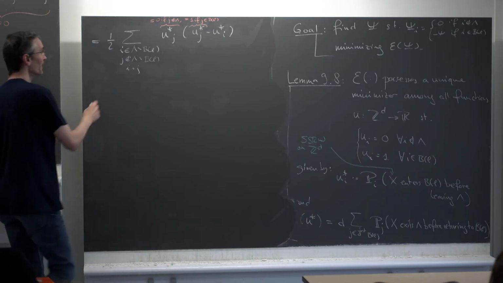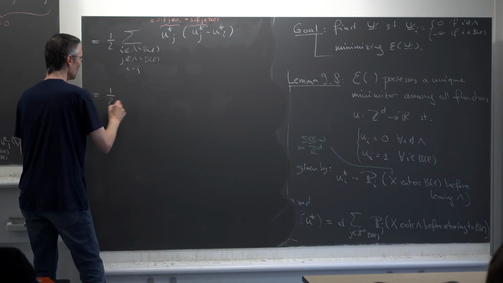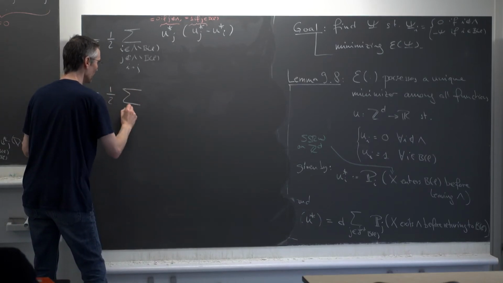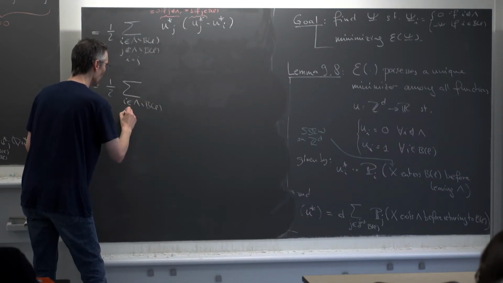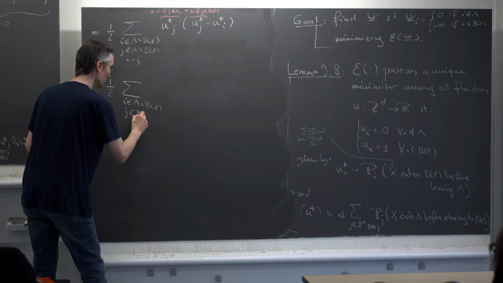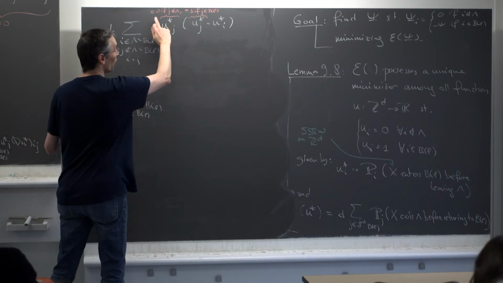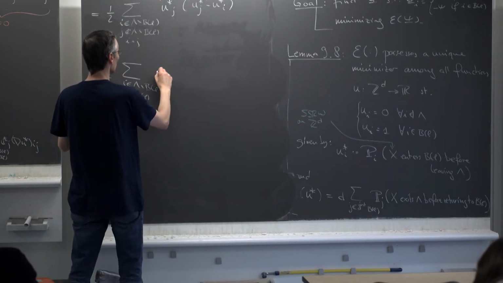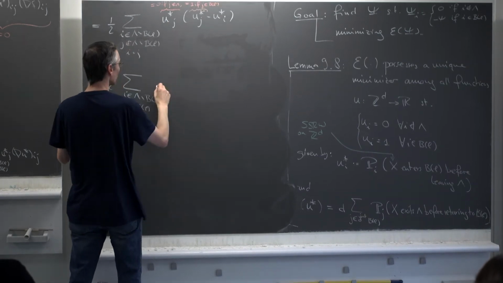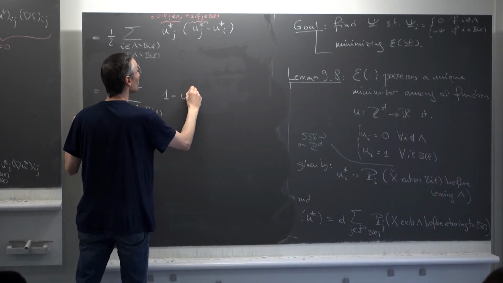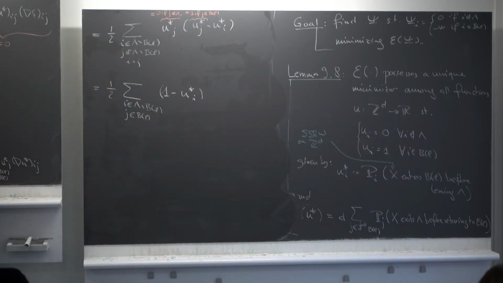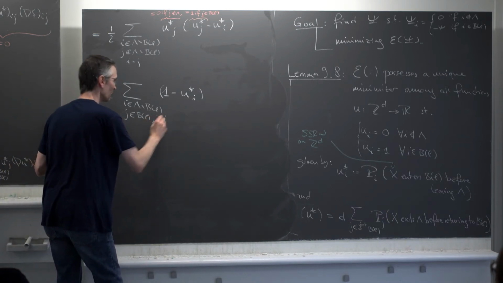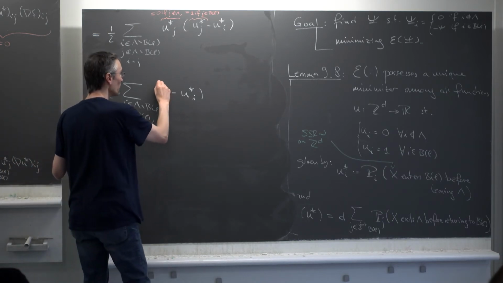So what you get from that is 1/2 sum over all i in Lambda minus B_L, sum over all j, which have to be inside B_L, because the other one gives me 0 as a contribution, of 1 times 1 minus u star i. Okay? That's what we get, i and j neighbors. Now, u star i, we have an explicit expression.